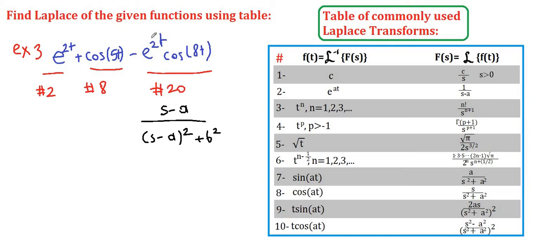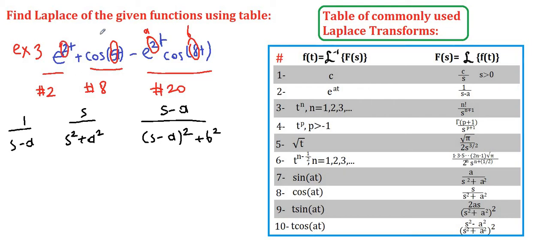In our case, this 2 is our a, and this 8 is our b. We already know the cosine function. It's going to be s over s squared plus a squared, and our a term is 5. And e to the at function will be 1 over s minus a, and our a term is 2.